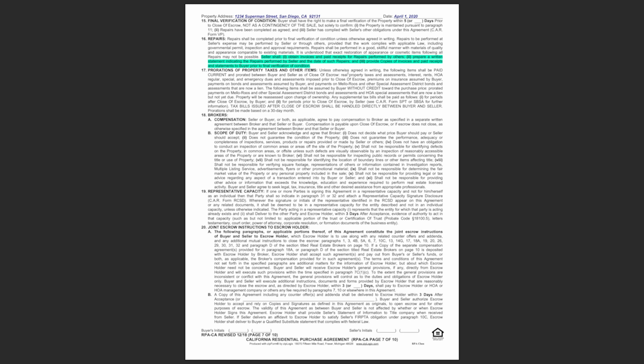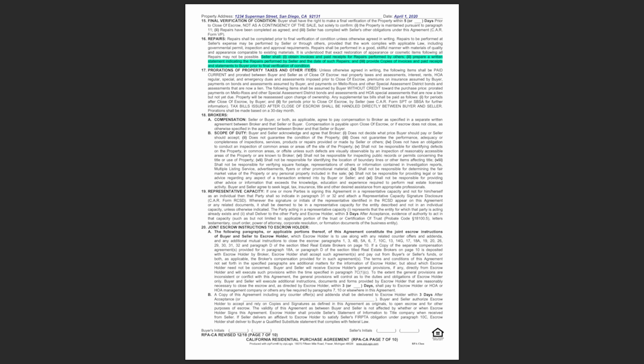Okay, prorations of property taxes and any other items. This is going to be handled during your escrow period. And what are we talking about here? Primarily, we're talking about insurance and taxes. The escrow company is going to do prorations. They're going to debit and credit the buyer and seller appropriately for when their specific client owned the home.